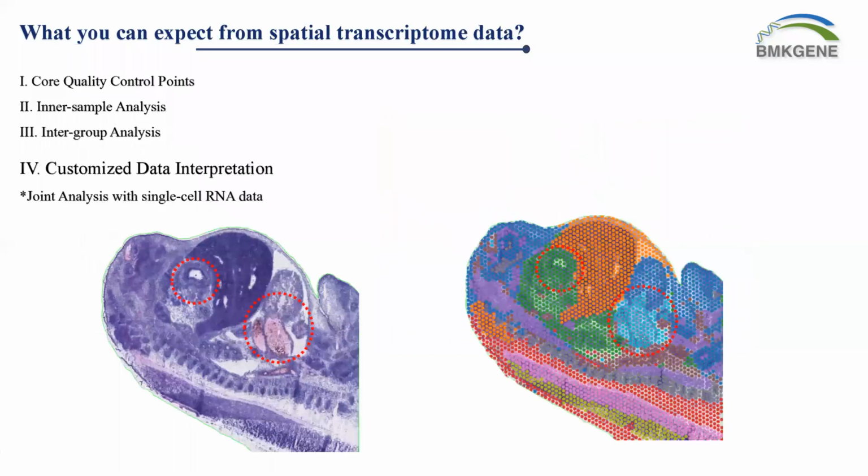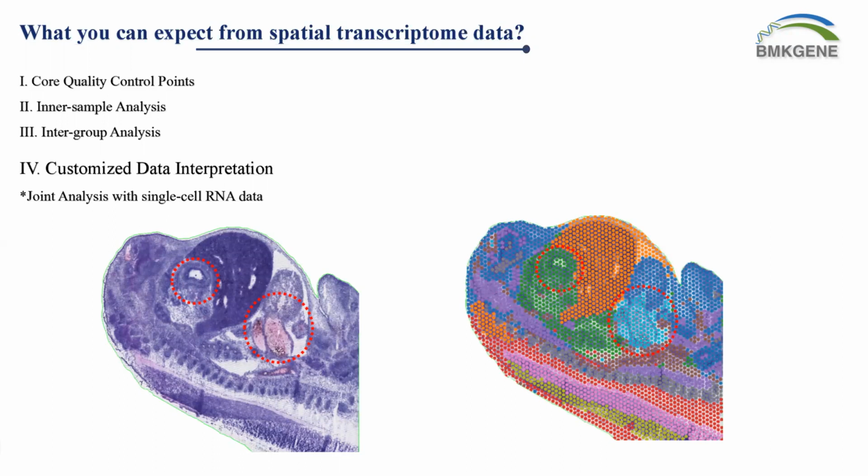And besides all the ones that I mentioned, they are more like pipeline or standard analysis that most people will look into at the very beginning. To get more information or do a more in-depth data mining, there are more customized analyses that we need to do.